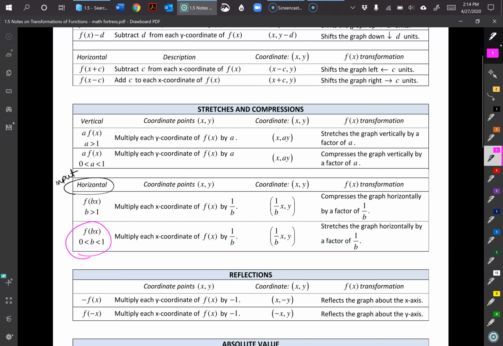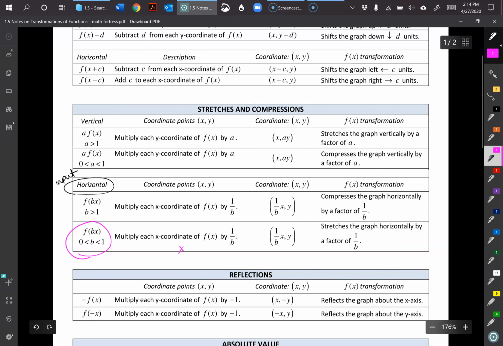So we're going to multiply each x coordinate of f of x by 1 over b, which when we do that, it's actually going to come out like this. So ours was a half x, right?